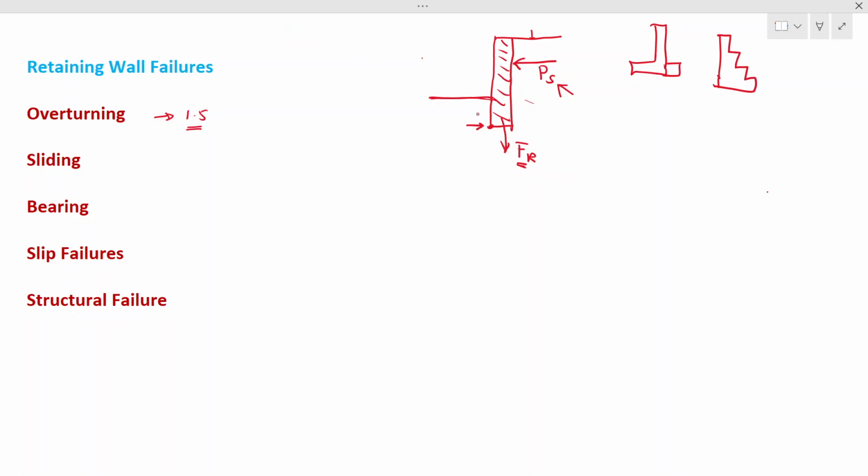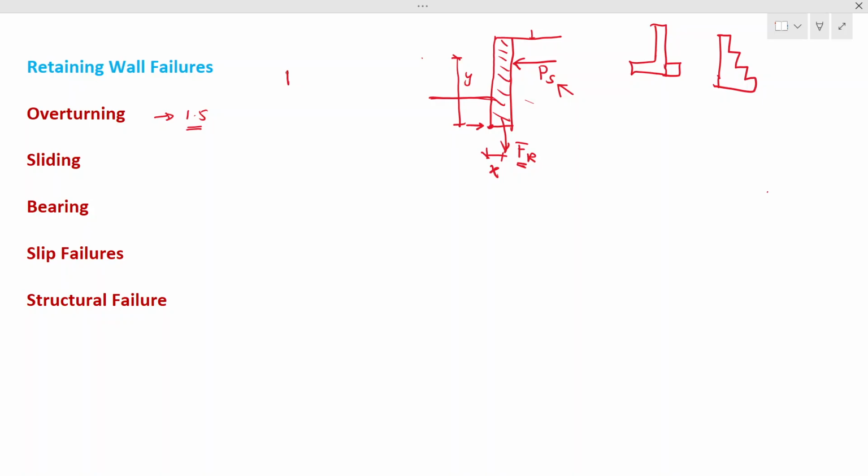We have a restoring moment. When the wall rotates around this point, we have a moment like this. Say this distance is x, and from this point you have a height y. The factor of safety is the restoring moment divided by the overturning moment.